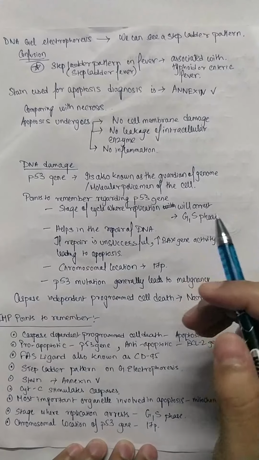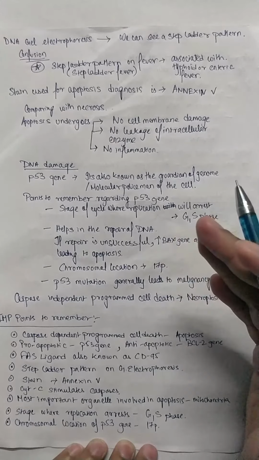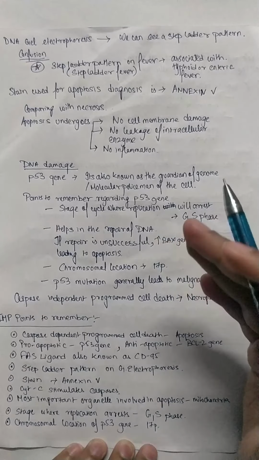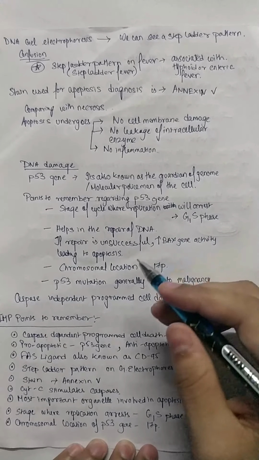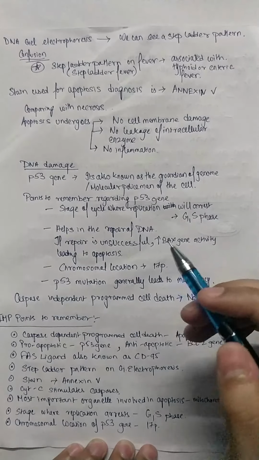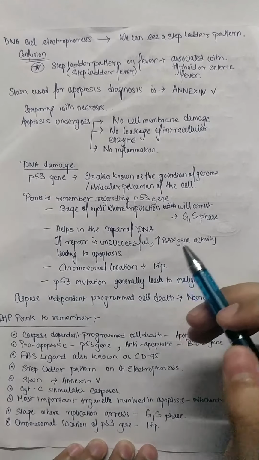This is a very important paper 1 question. And another question you need to remember is the chromosomal location of the p53 gene, which is going to be 17p, and if there is p53 gene mutation, it will generally lead to malignancy.